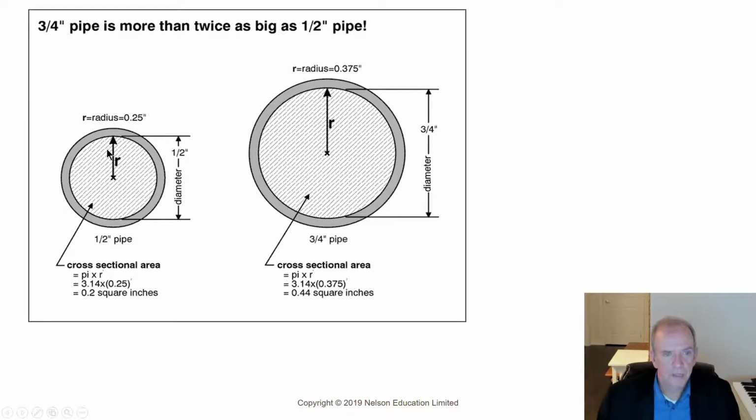Here is what I was saying. So here's a 1/2 inch water supply. And you guys are very good at mathematics, so you can just sort of get the drift of this.